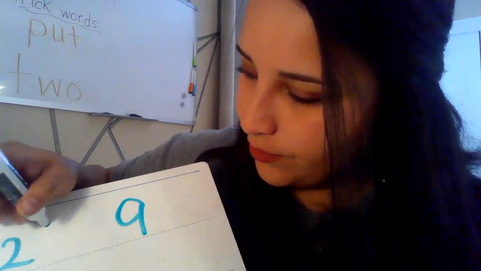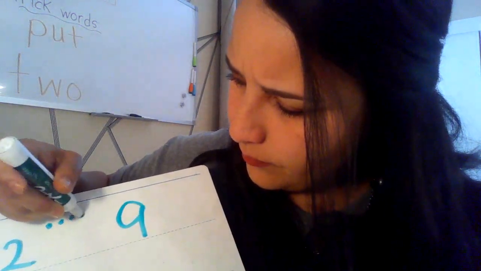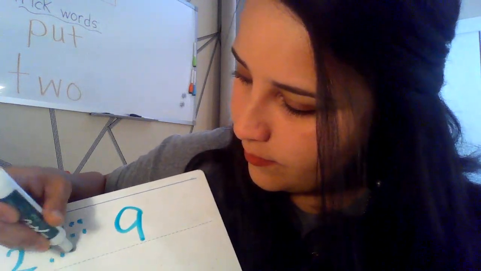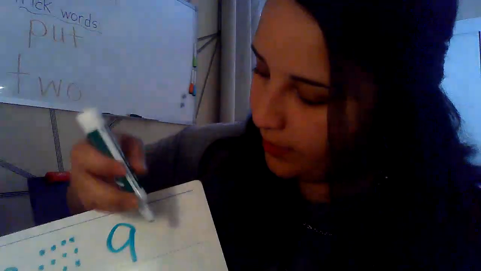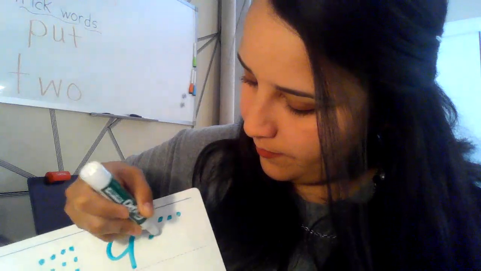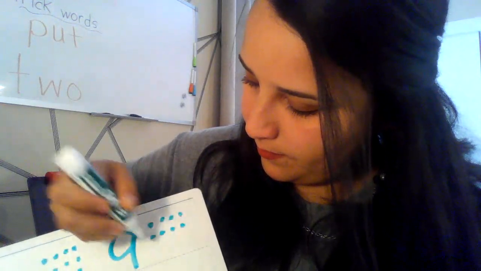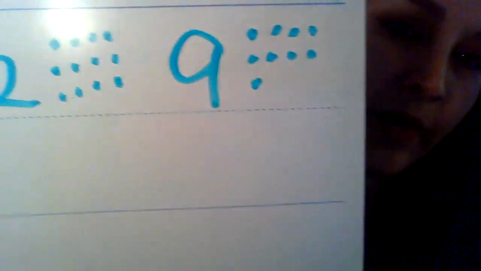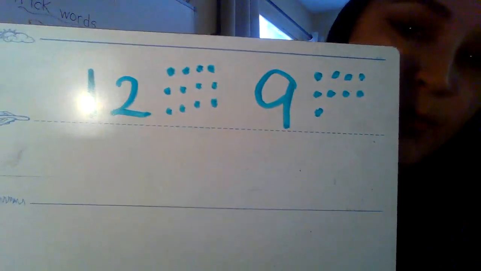You can draw either 12 little dots, and then do 9, and then think of which one is the bigger number or the smaller number.